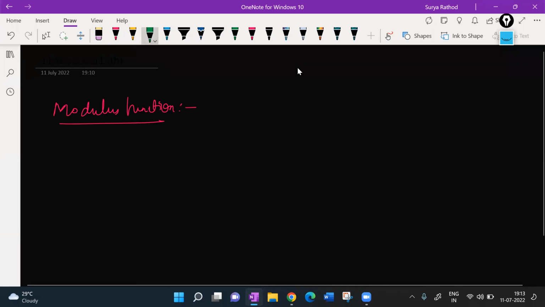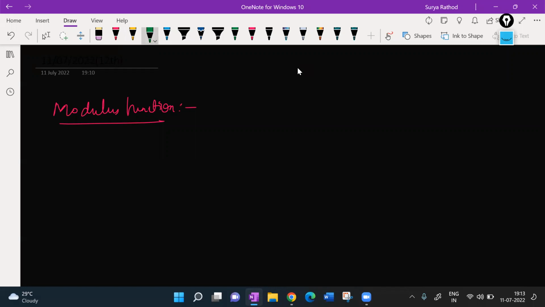It is a function which gives you an absolute value of a number or variable. Now let's see: modulus of -2 is 2. Clear? Modulus of -5 is 5. Modulus of 5 is what? 5.